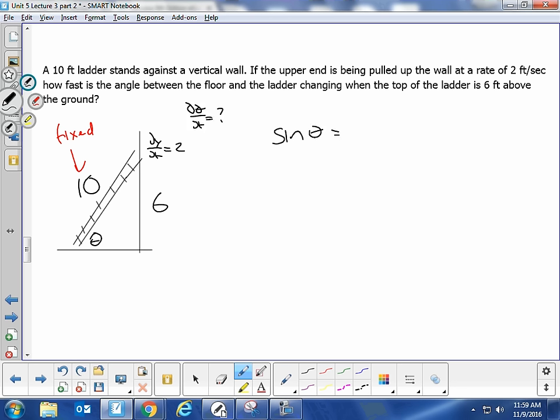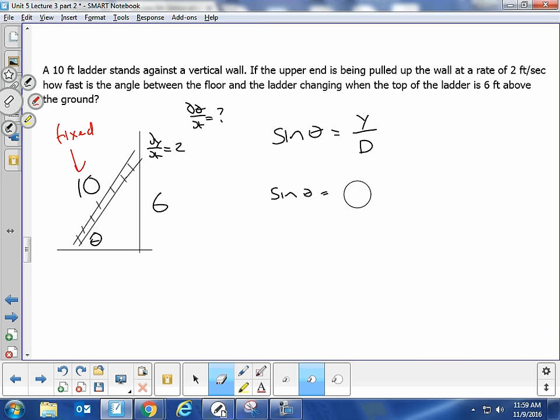So sine is going to be equal to my opposite over my hypotenuse, but I'm going to simplify it since I know that the hypotenuse is always 10. I will rewrite that as y times 1/10. Then I'm ready to take the derivative of it.